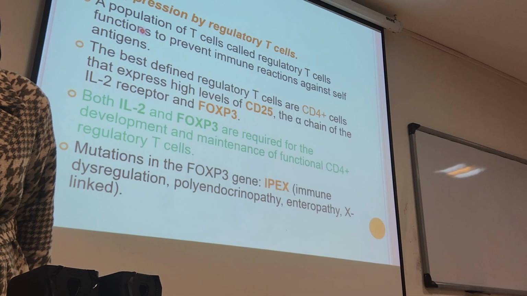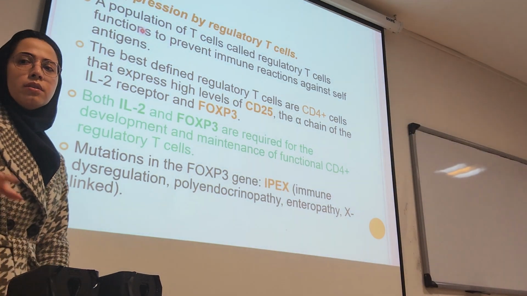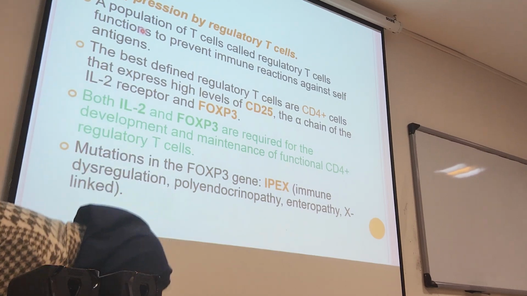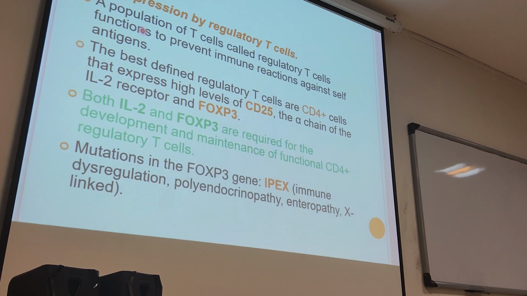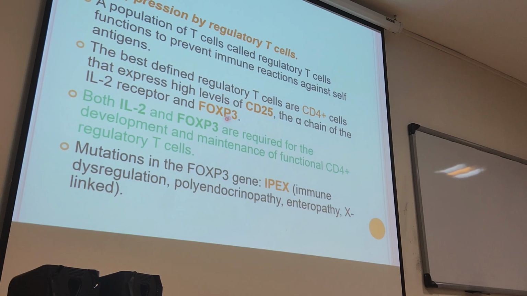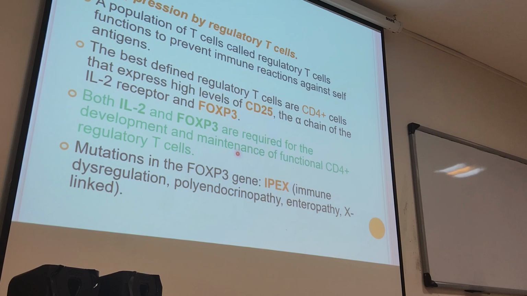I told you that we have regulatory T cells, and these regulatory T cells suppress the immune system against self-antigens. We have FOXP3 here, for the development and maintenance of functional CD4 positive regulatory T cells.